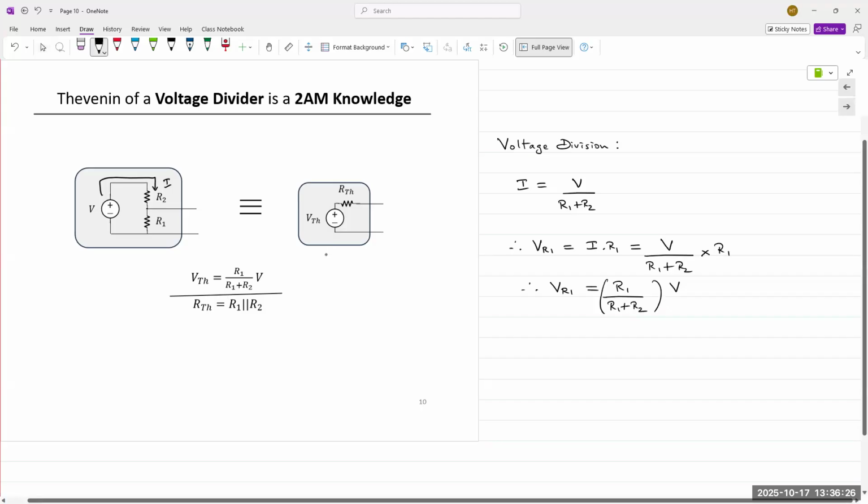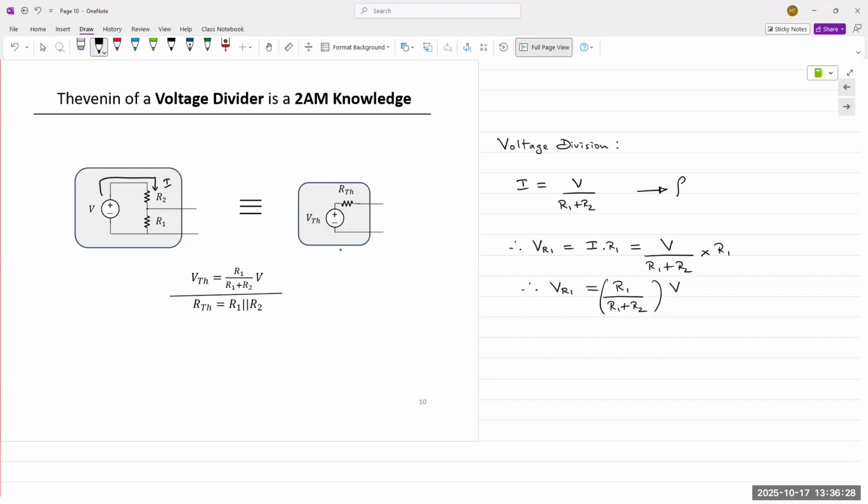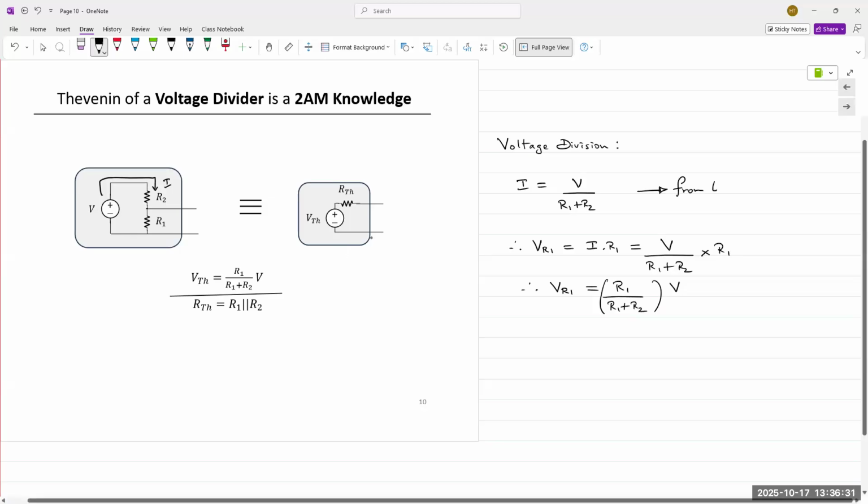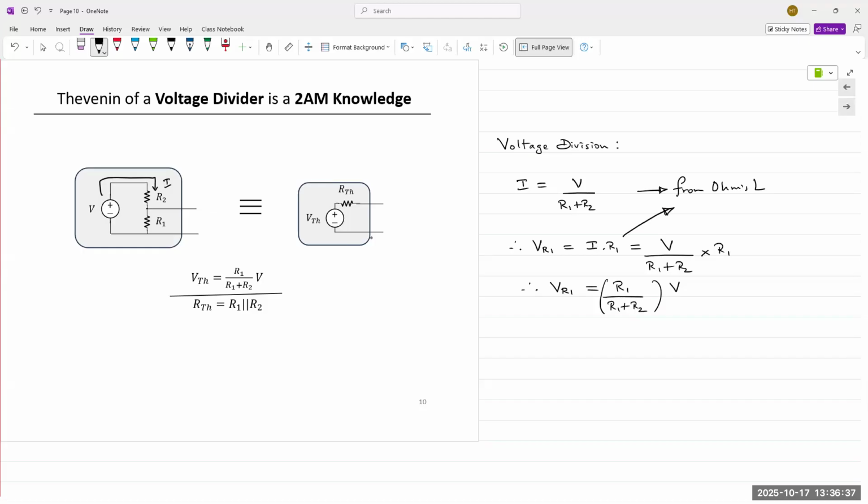You apply Ohm's law here. That makes sense.